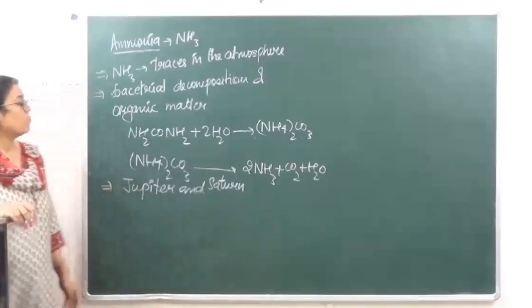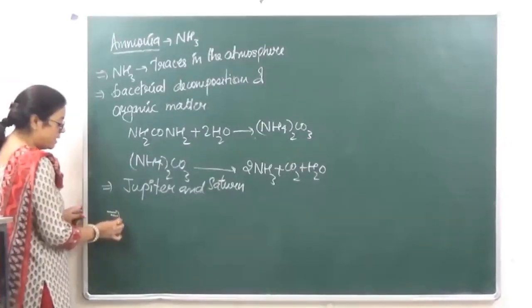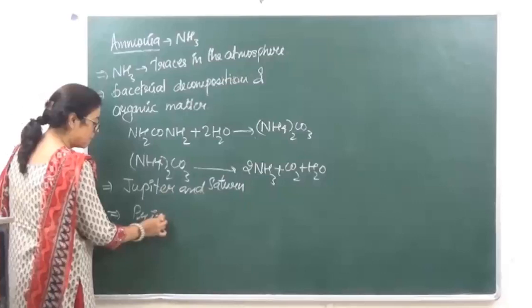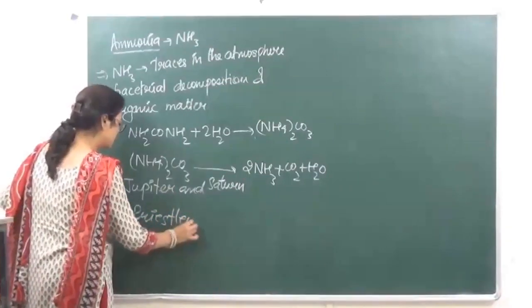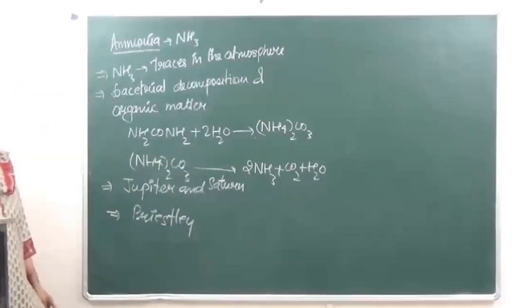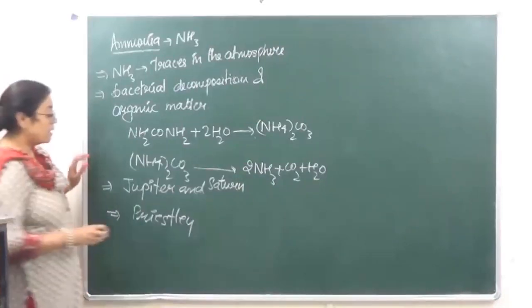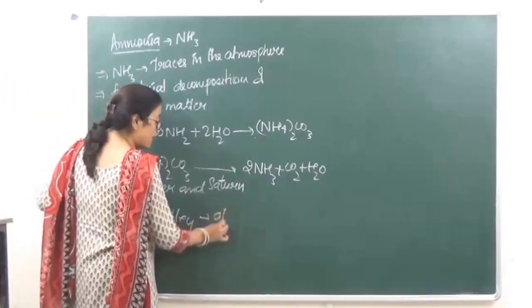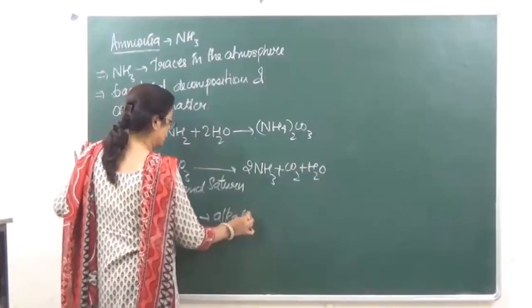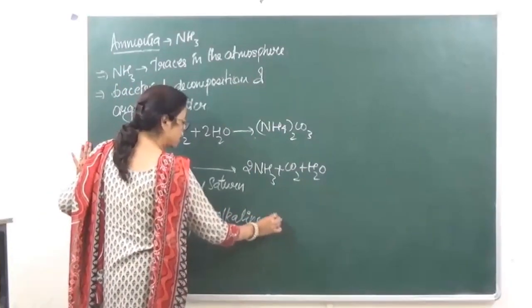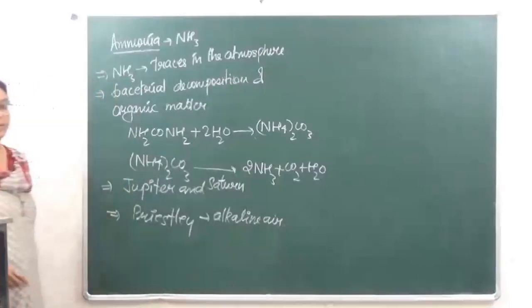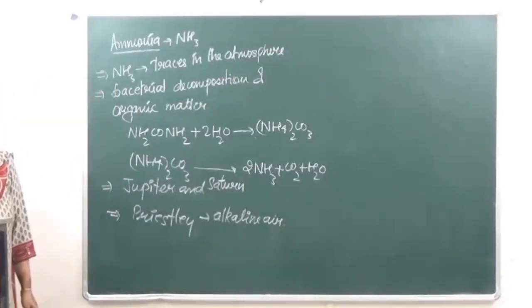Okay, now ammonia was first isolated by Priestley. Priestley was the scientist who isolated it, and during that time it was first of all known as alkaline air, because it was alkaline in nature. ठीक है, clear हो गया?